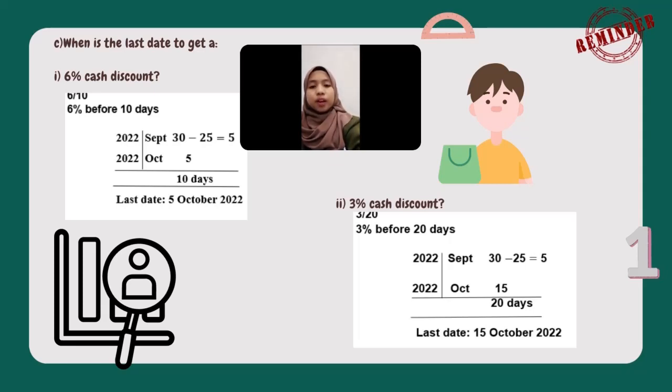We must find the date within 20 days because 3% before 20 days. 20 days minus 5 is 15. So the last date to get a 3% cash discount is 15 October 2022.